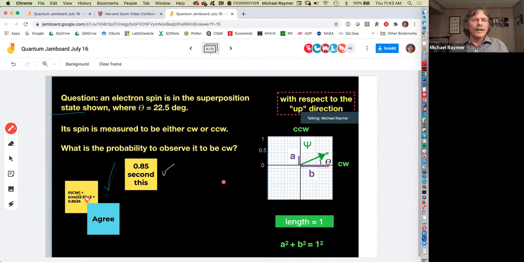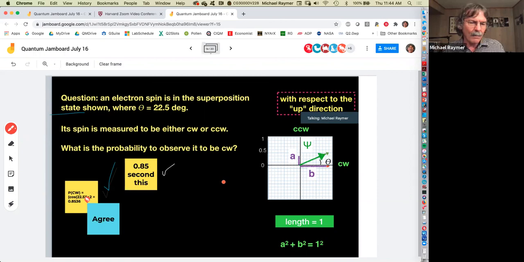Good, everybody's agreeing with those answers, and I also agree with those answers. It's the same calculation we did before with polarization, but again, to hammer the point home, these directions and angles have nothing to do with directions in space, like the directions in your lab or the orientation in real space.